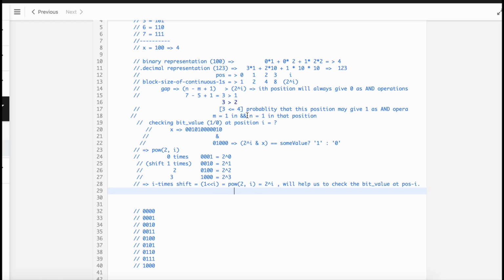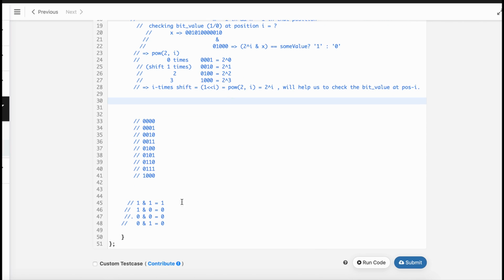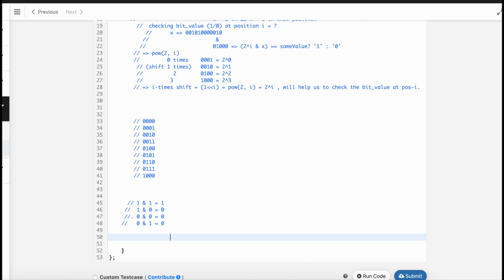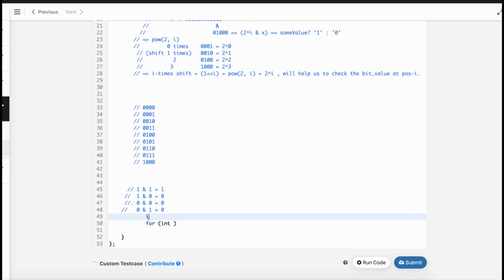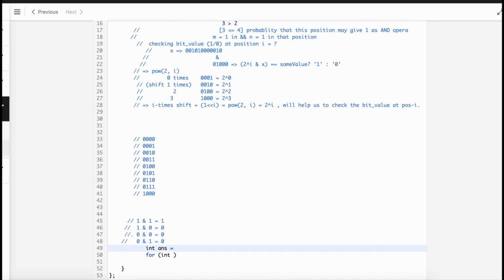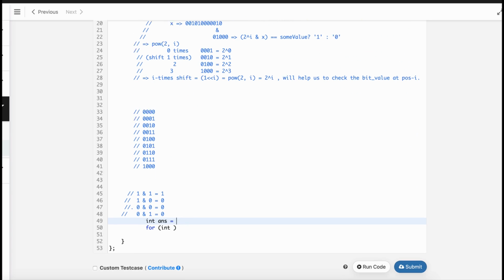As we have concluded everything and written down every case, we can now proceed to the solution. Let me start the code here. Let's start with answer, let it be an integer as given in the problem.